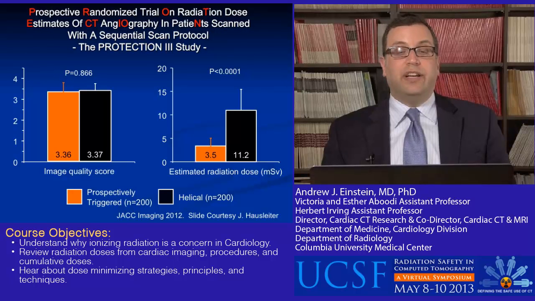This was demonstrated in the Multicenter, Multinational, Multi-Vendor PROTECTION 3 study, which was published last year in JACC Imaging. In this study, they found that image quality was identical between patients randomized to prospectively triggered scans versus those randomized to helical scans. However, the estimated radiation dose was markedly decreased in patients undergoing the prospectively triggered scans.